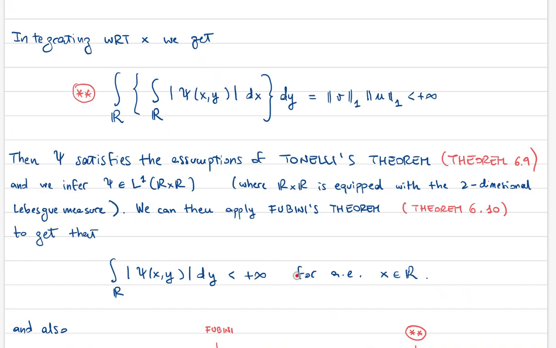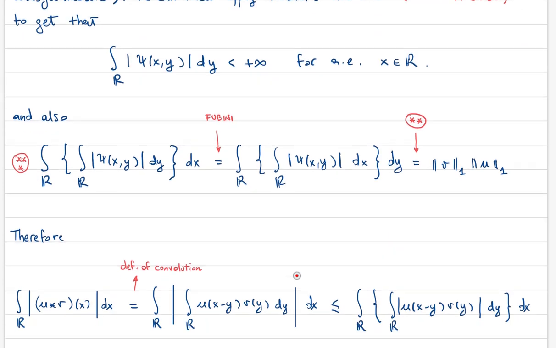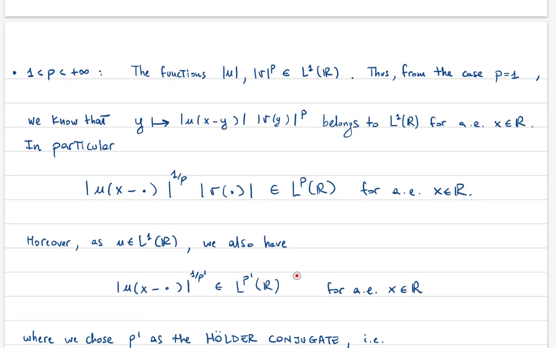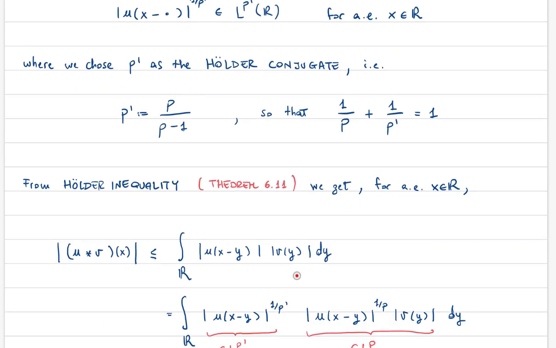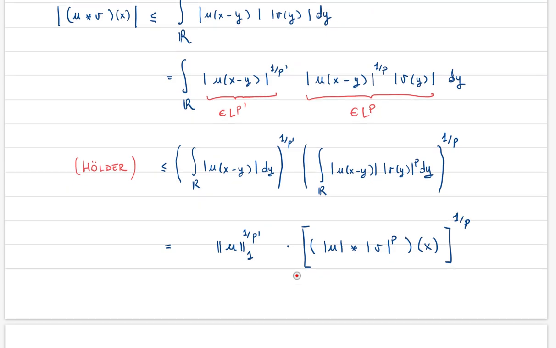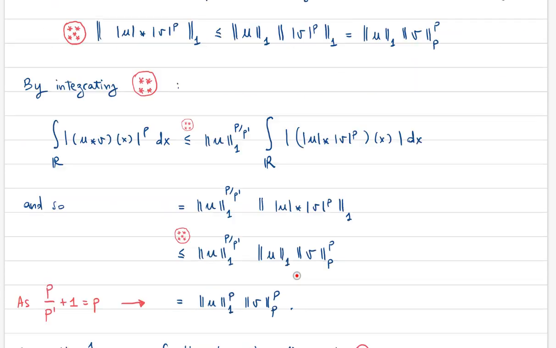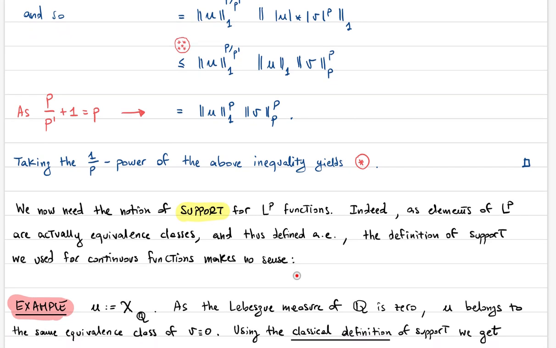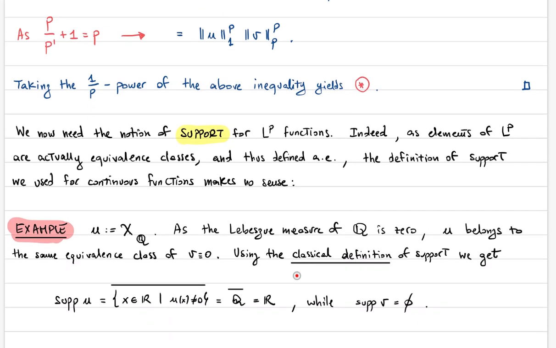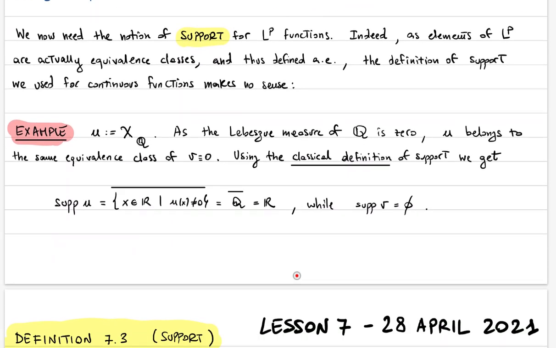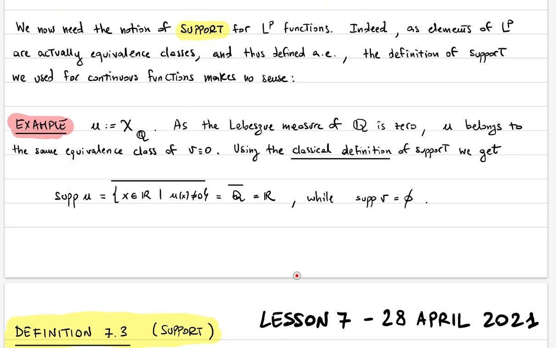So let's move on to new topics. An important notion that we need is the one of support for LP functions. Why do we require a new definition?